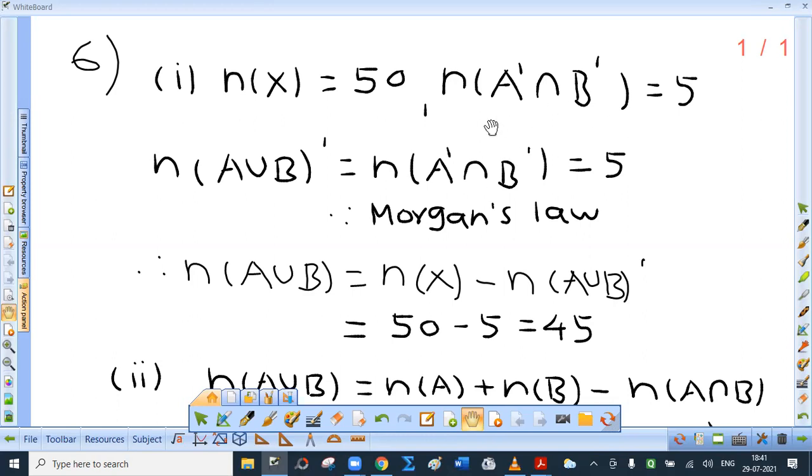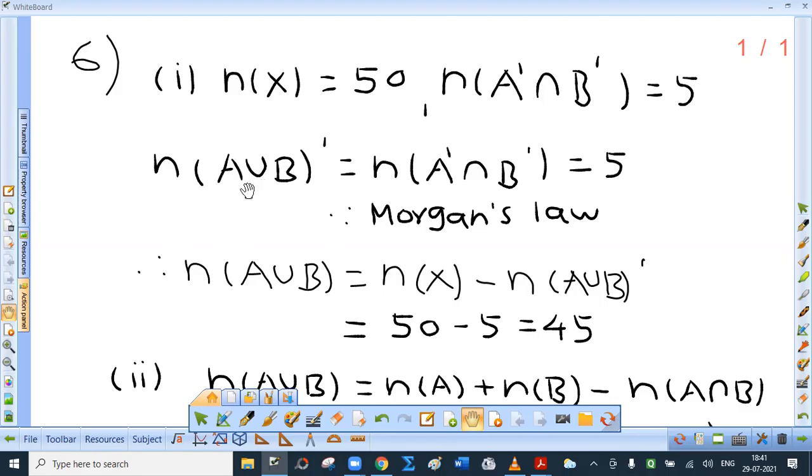Now, as per De Morgan's law, what is A' ∩ B'? It is (A ∪ B) complement. So n((A ∪ B) complement) is given to be 5. Now, the number of elements in the complement is n(X) minus the number of elements in that set.